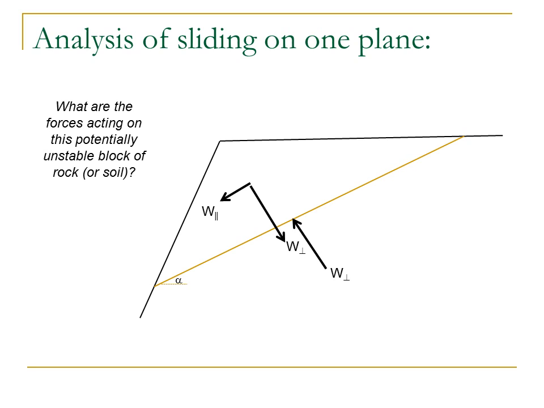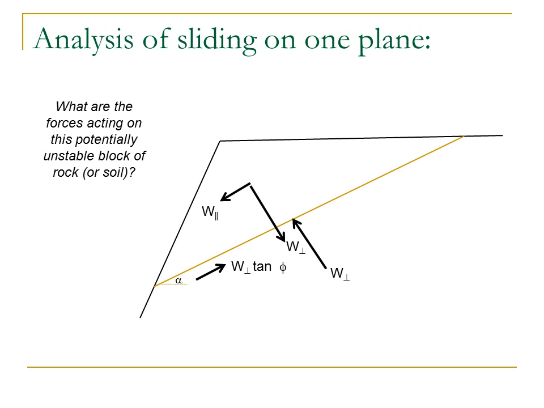Because we know that normal force on the base of the slide, we can also identify the magnitude of the frictional force acting on that surface, and that would be W perpendicular times tan phi. This is something that you would have learned in physics, where we have the frictional force that's resisting the potential slide.